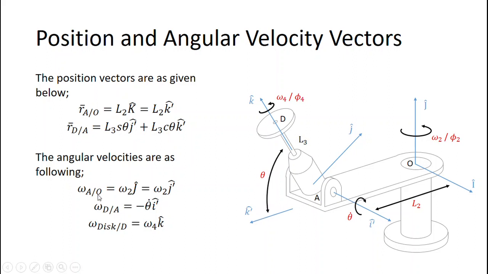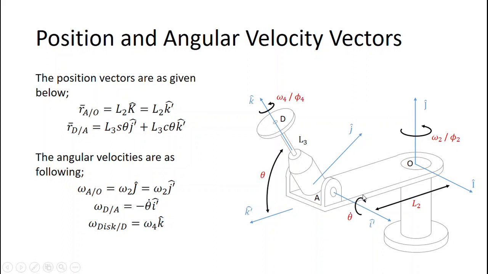And the angular velocities are: the angular velocity of frame A in the inertial frame is just the angular velocity about O, which is omega 2 J, capital J, or omega 2 J prime. Then the angular velocity of the frame D with respect to A, or the pitching up of this arm, is minus theta dot i prime.